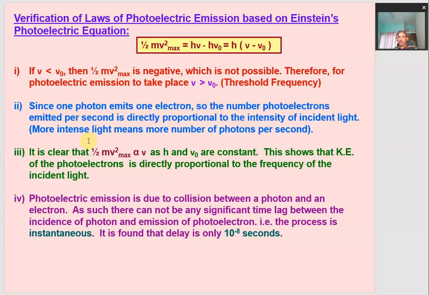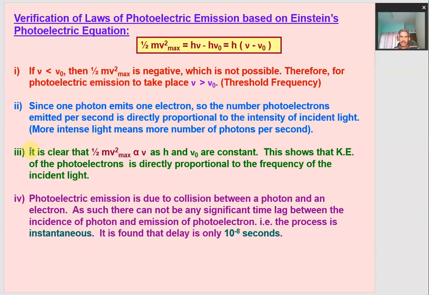More intense light carries more photons per second, and because one photon is used by one electron, more photoelectrons will be emitted. So it again explains that the photocurrent depends upon the intensity and not the frequency of the incident radiation.